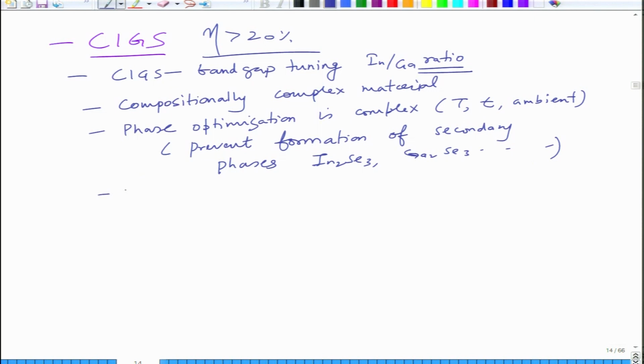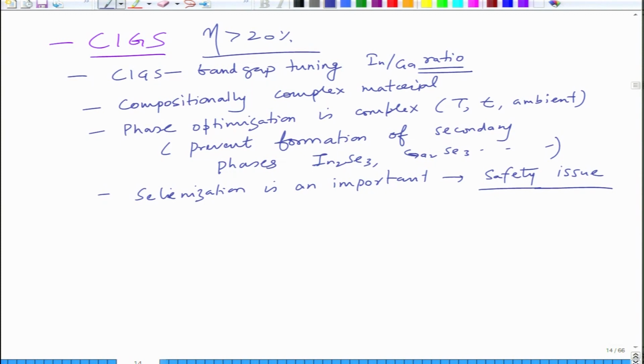Okay. Selenization is an important step which is also a safety issue, because dealing with selenium requires safety protocols. So, safety is an issue here.